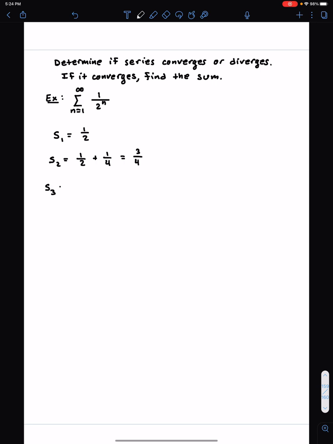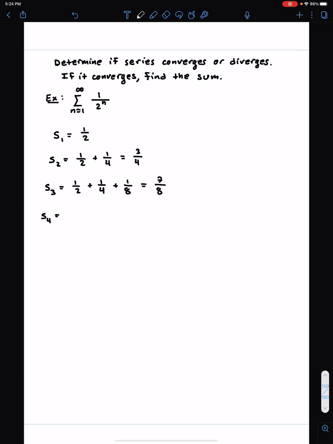The third partial sum, s sub 3, is 1/2 plus 1 over 4 plus 1 over 8. So it's a1 plus a2 plus a3, which is equal to 7/8.